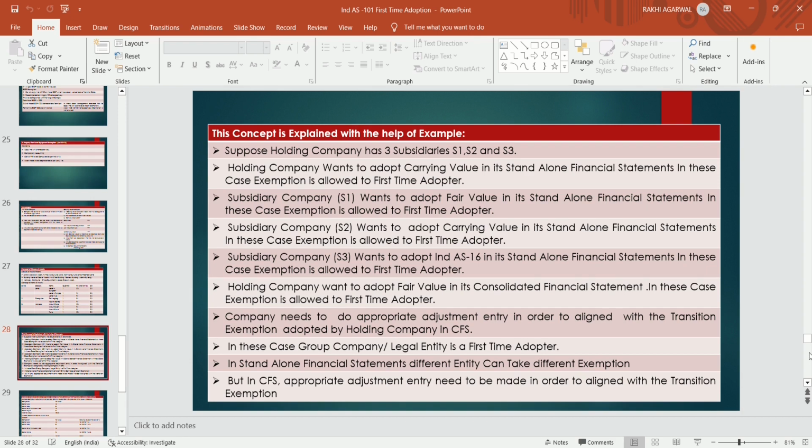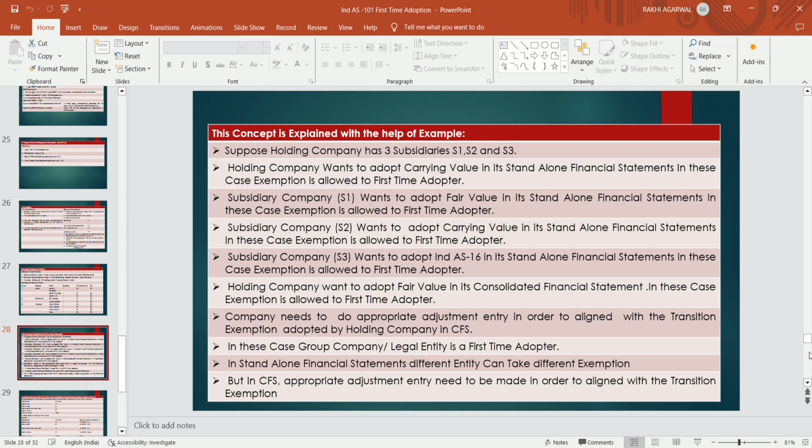the company needs to make an appropriate adjustment entry in order to align with the transition exemption adopted by the holding company in its CFS. Group companies in their individual financials are allowed to apply different exemptions. Some subsidiaries are adopting the fair value approach, some are adopting the carrying value approach, and holding companies are adopting another approach. So they are free to take any exemption.